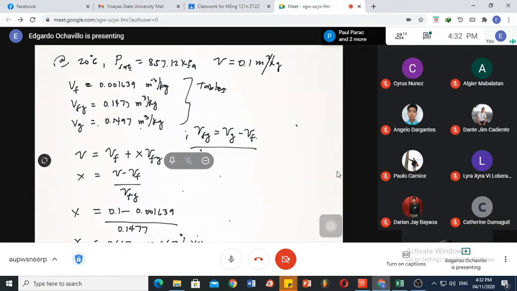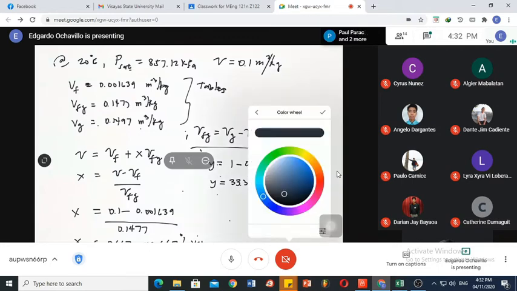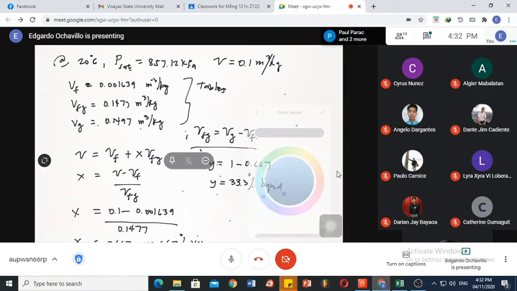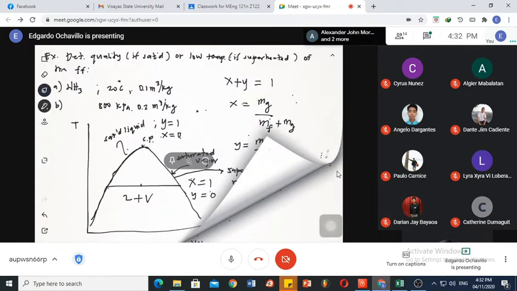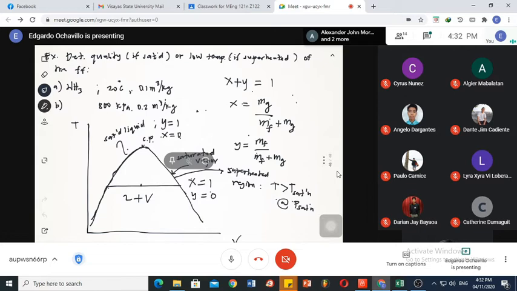The moisture content, this is Y, this is 1 minus 0.667, or Y, this is what? 33.3% liquid. So it should be that X plus Y is equal to 1.